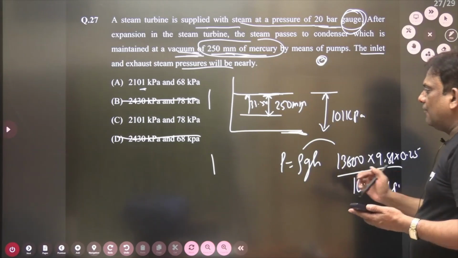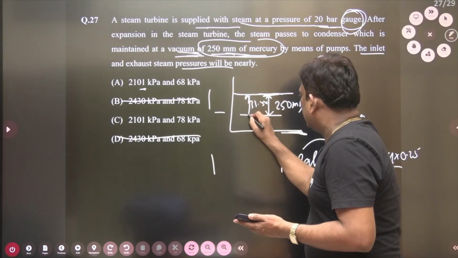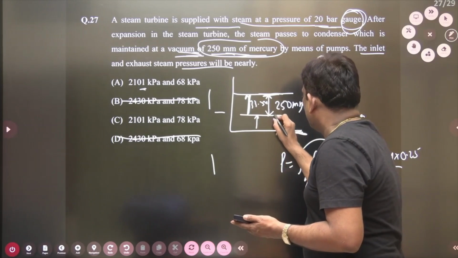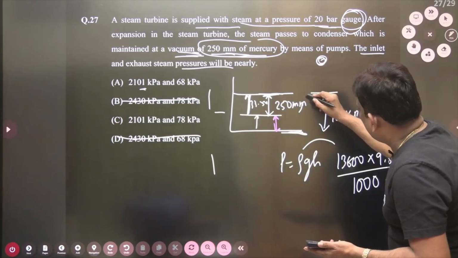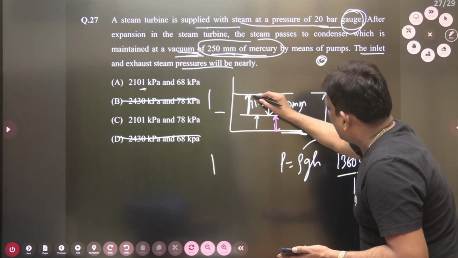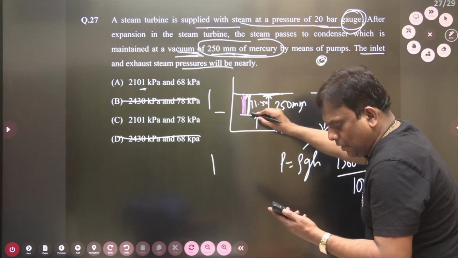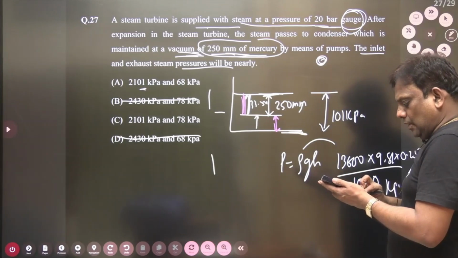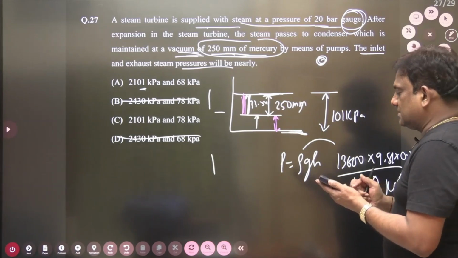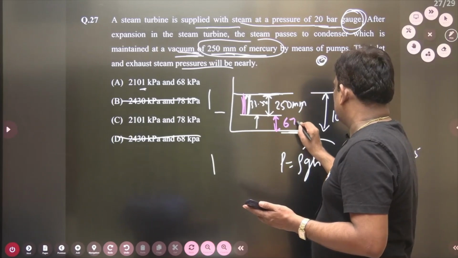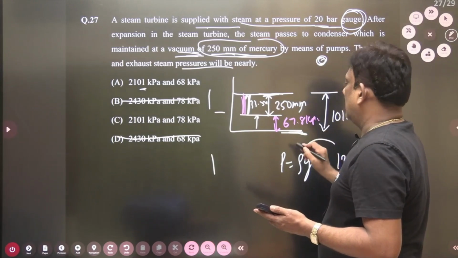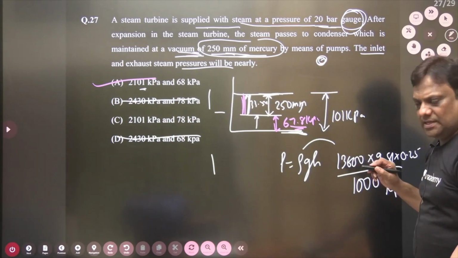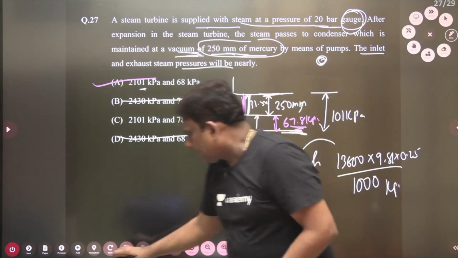But if this 33 is the vacuum, I want absolute. So it will be 101 minus 33. For the vacuum I got 33.534 kilopascal, and I want absolute, so I'll subtract it from 101. So I'll get 67.8 kilopascal, which is roughly 68. Therefore it is 2101 and 68 kilopascal. It's a simple basic question. Okay. Next.